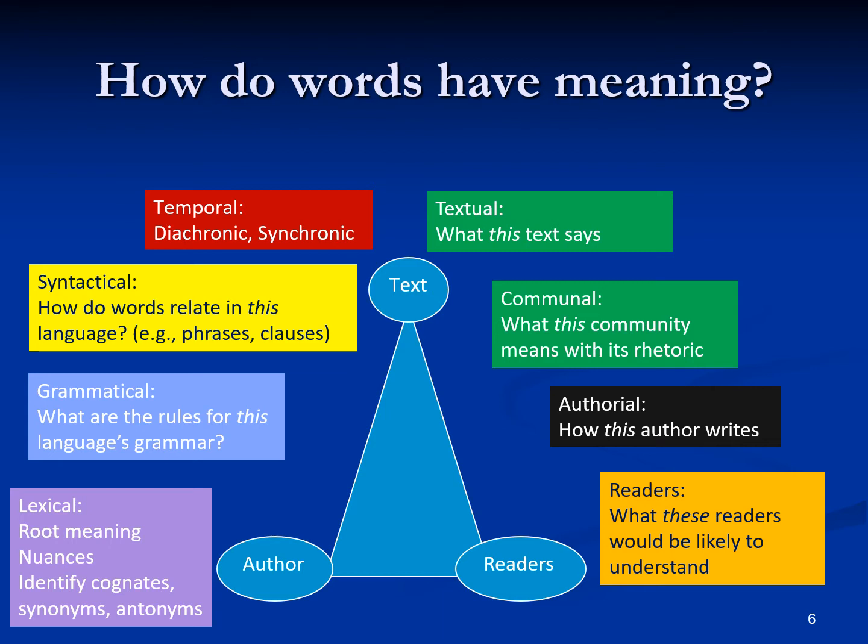The author is constrained somewhat in the use of words and can't just decide to use words any way he might wish. And so there is, on the lexical dictionary side of things, a root meaning, as we just said in the previous slide, and then extended meanings or nuances.